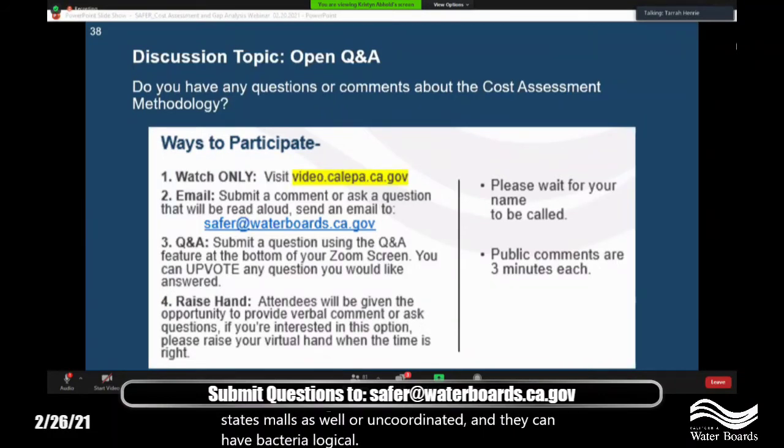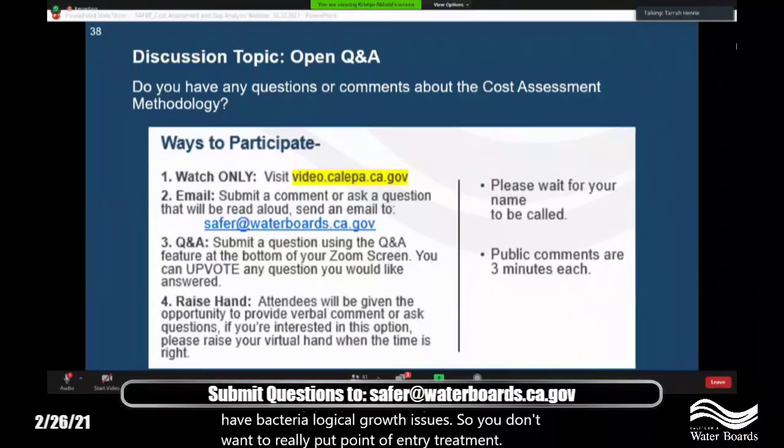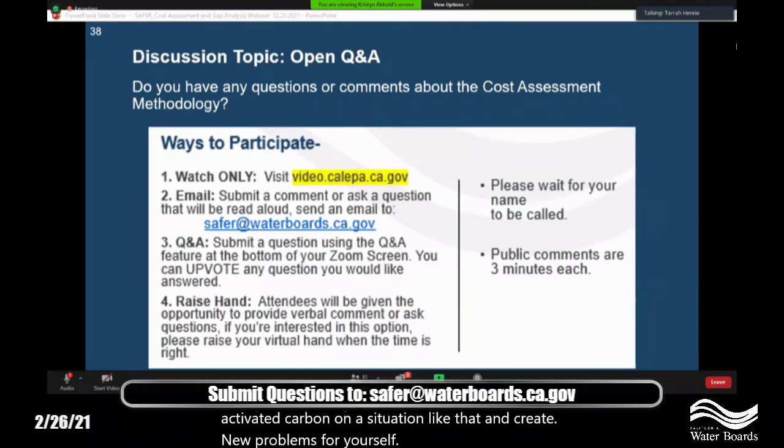So you don't want to put point of entry treatment, granular activated carbon, on a situation like that and create new problems for yourself. There are co-occurring contaminants that could require point of use and point of entry, which obviously is way more complicated. So there are a lot of factors that will play into the actual implementation of point of use and point of entry that may in some locations make it infeasible.